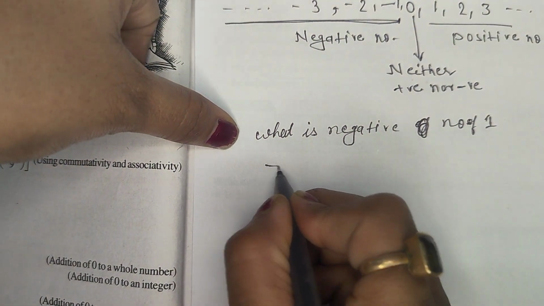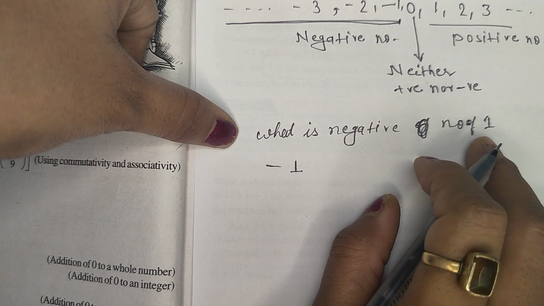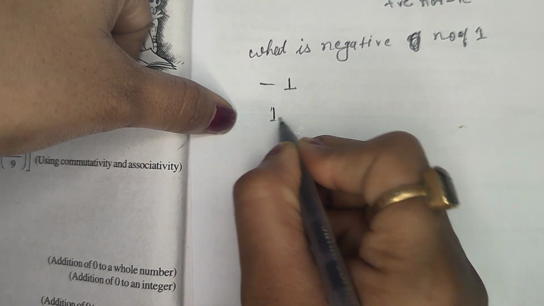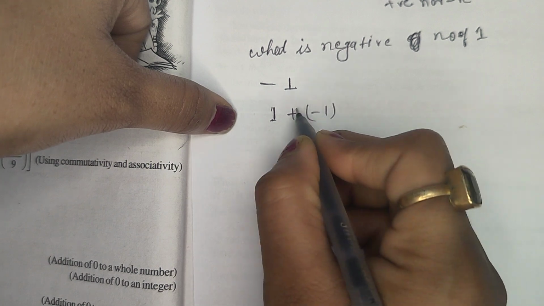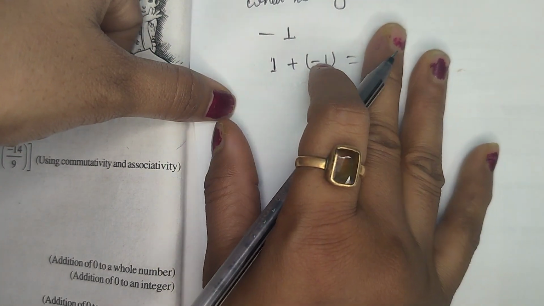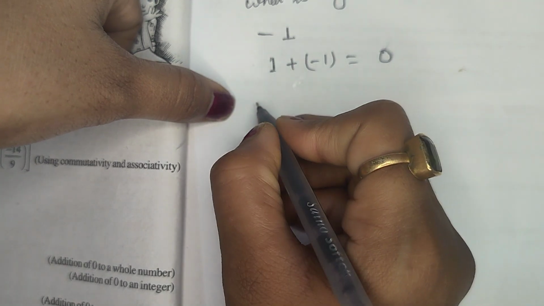We can say -1 is the negative of 1. If you add both numbers, we get 0. So you can say that -1 is the negative of 1.